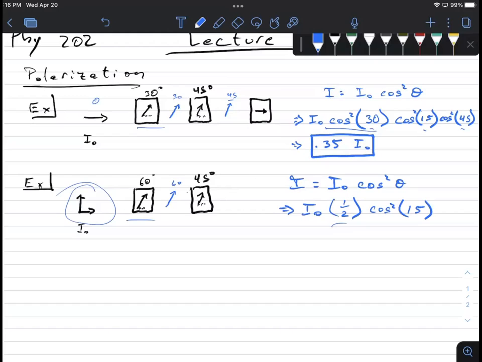And now I've made it through the second filter, so I made it through the whole system. So if I work this out, I get the answer, let's see, cosine squared of 15 divided by 2 gives me 0.467 I naught.